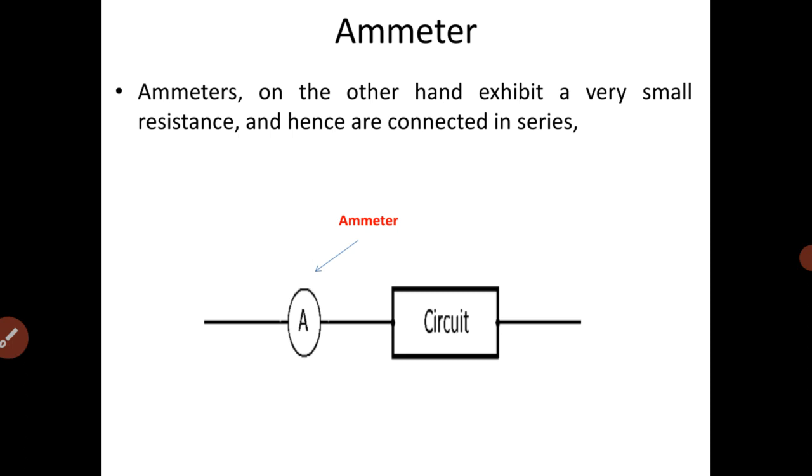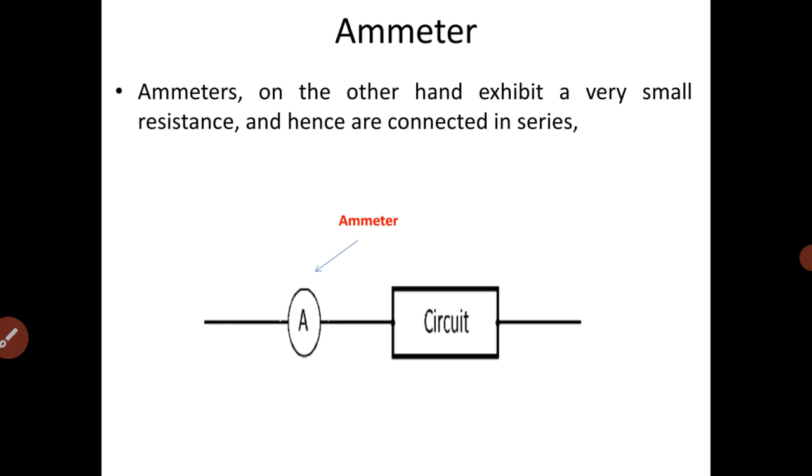Why? Because in order for a voltmeter to measure a device's voltage, it must be connected in parallel to that device. This is necessary because objects in parallel experience the same potential difference. Okay, because the voltmeter has a very high resistance, its connection does not alter the flow of current in the circuit.